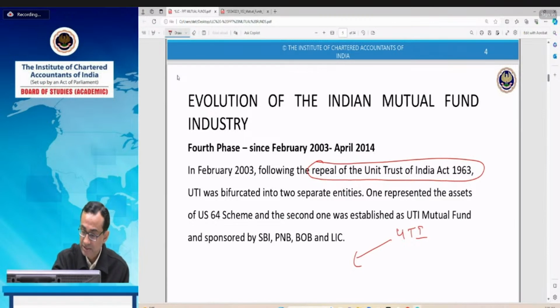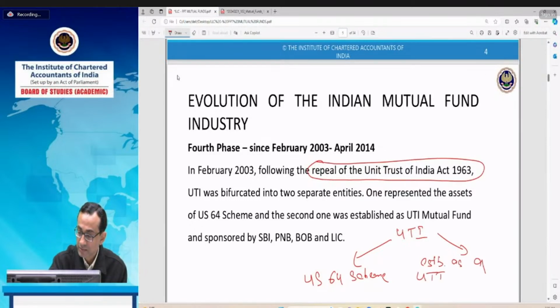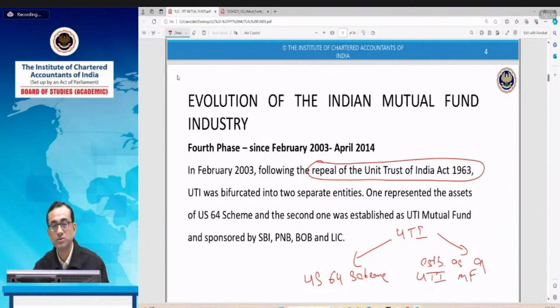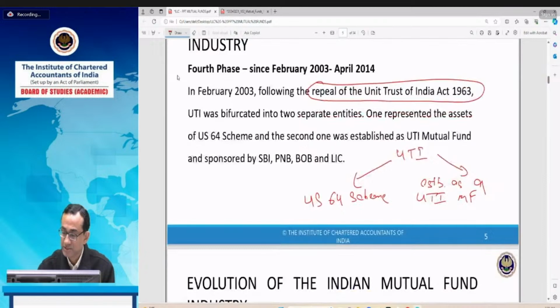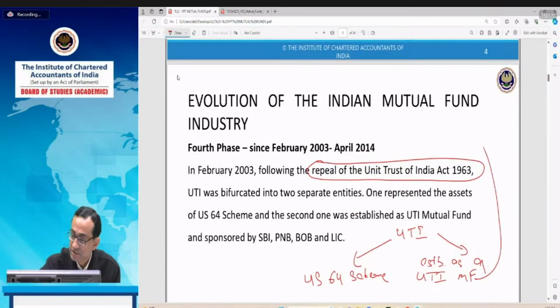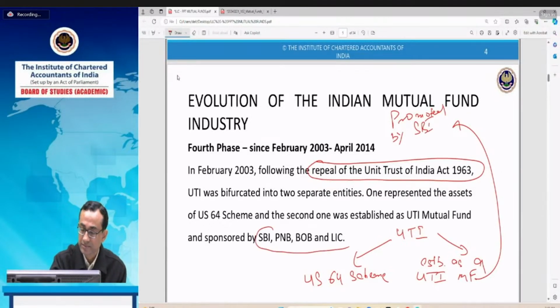One part was managing the US 64 scheme, and the other was established as the UTI Mutual Fund, which was promoted by various public sector units, such as public sector banks like SBI, PNB, BOB, and LIC, that is State Bank of India, Punjab National Bank, Bank of Baroda, and the Life Insurance Corporation of India.